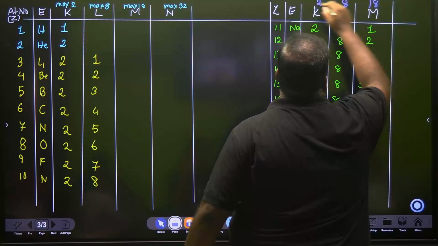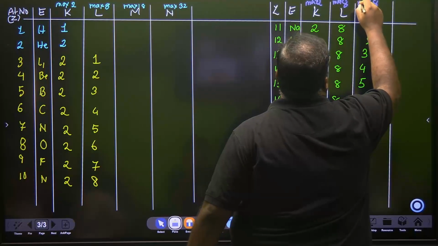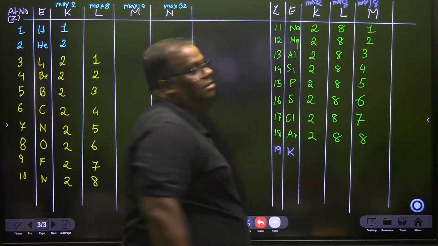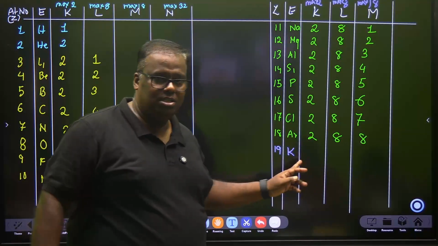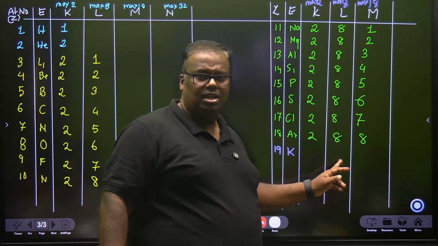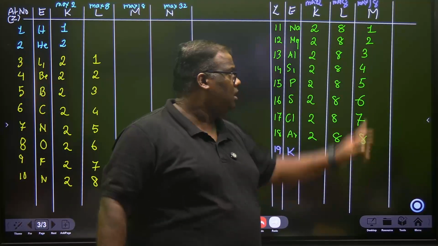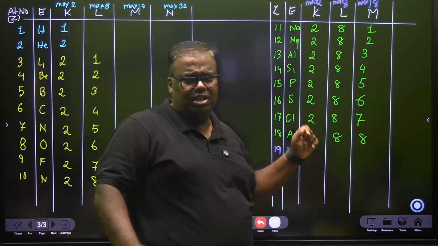These were the max. Now potassium is how much? 19. Look here: 2, 8, 9. How much will it take? 18. 18 beds are there, only 9 children.